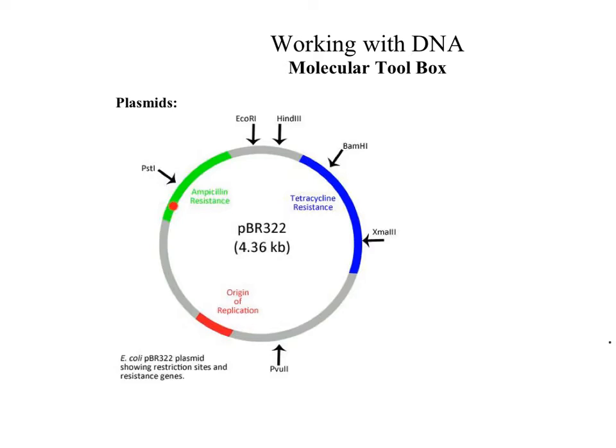Bacteria that carry this plasmid and are exposed to ampicillin will be protected, and the same thing with tetracycline. This makes it possible for a lab technician to force a bacteria to keep the plasmid, because otherwise the plasmid will take up valuable resources, and if it can, the bacteria will get rid of that plasmid some way.